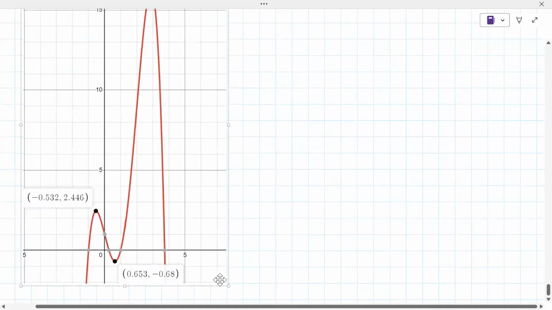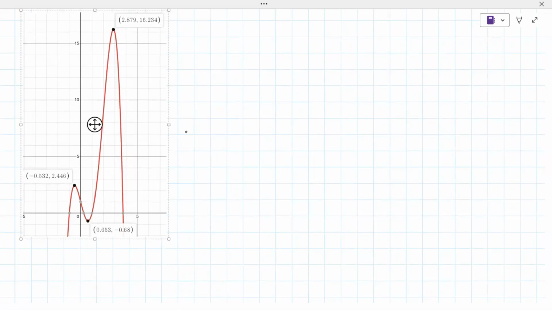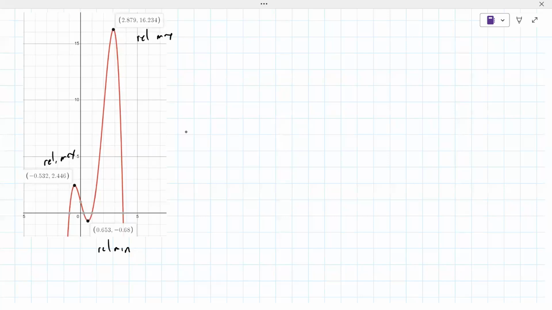So the graph here shows that there's a relative max and a relative min and a relative max. So it's increasing.